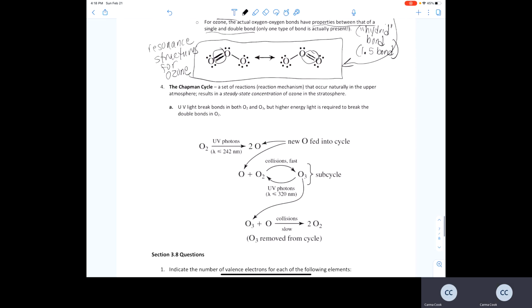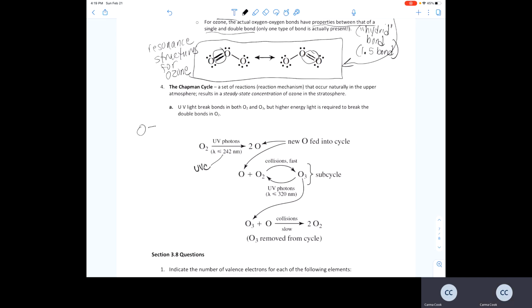And so we said that ozone has the ability to absorb UVC and UVB radiation, but only UVC is strong enough to break the double bond in oxygen.